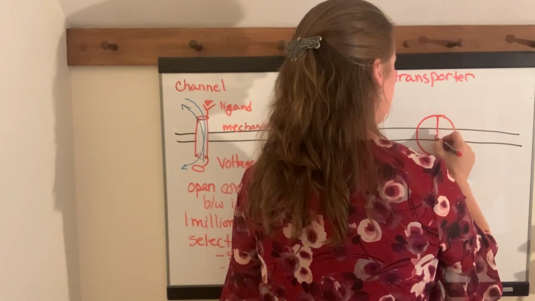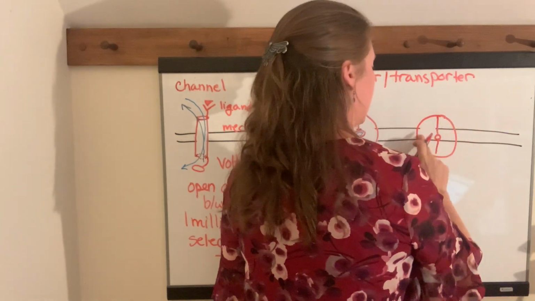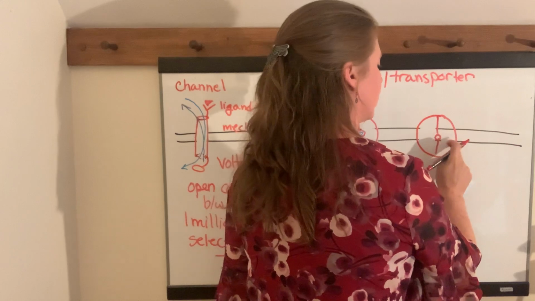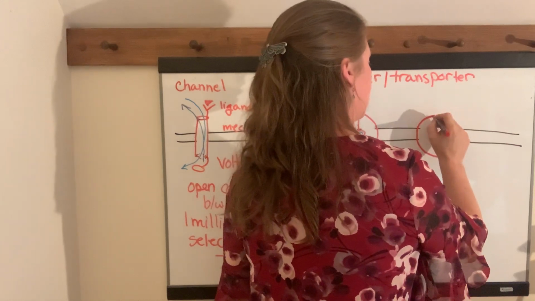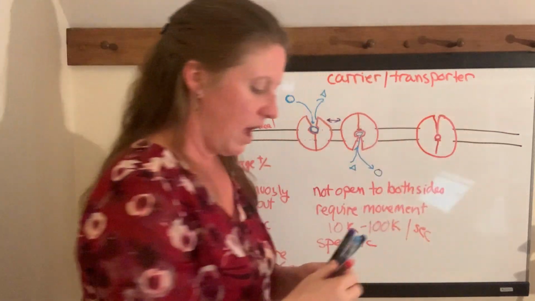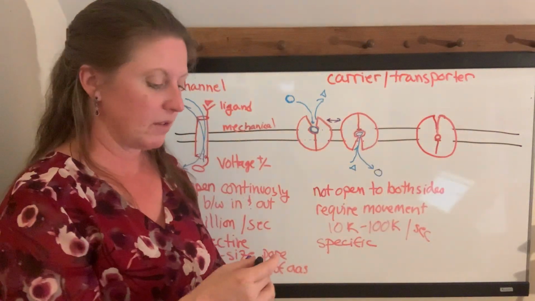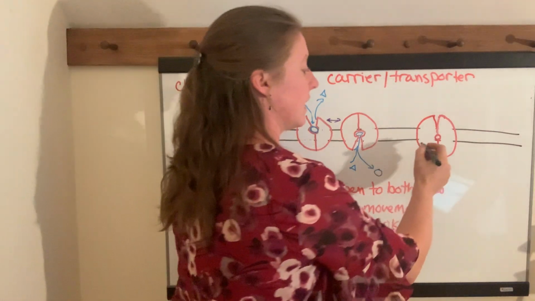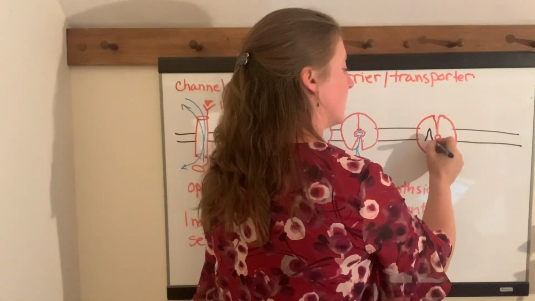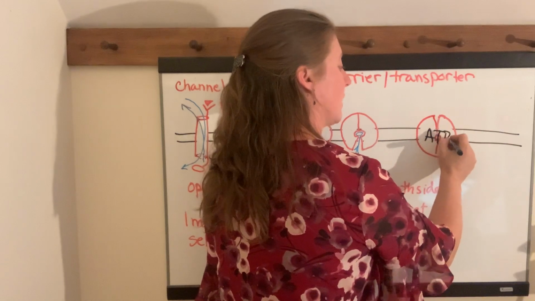All right, so it also has specific sites for whatever it is transporting across. I should have drawn it open somewhere. There we go. But what is different about this transporter, and you will see all of them notated this way, is that it requires ATP in order to operate.